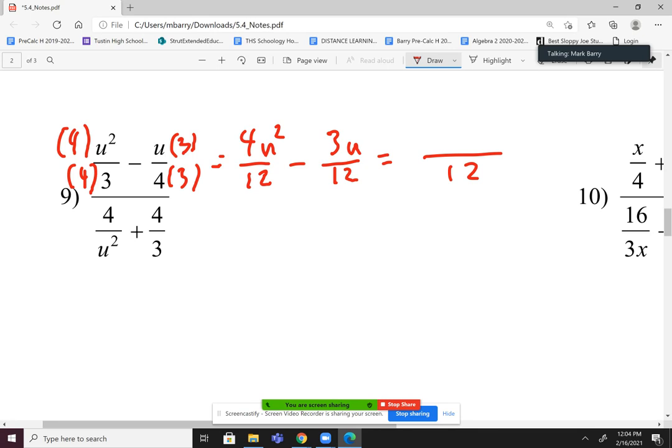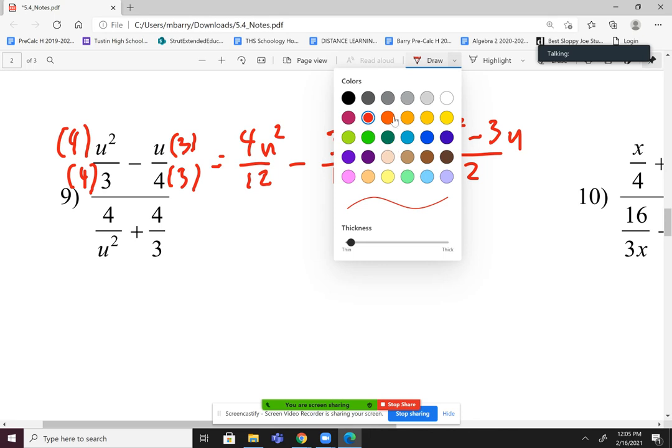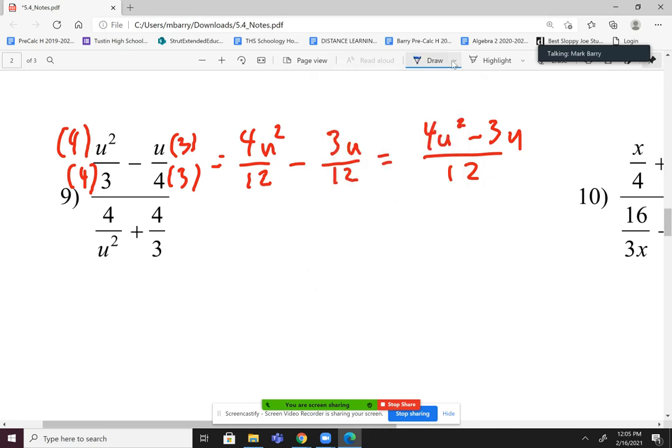Okay, 4u squared minus 3u. Those are unlike terms, and so we cannot actually subtract them. We're just going to keep them listed separately there. 4u squared minus 3u. So that's what my step 1 is going to look like for this one. On the bottom here, I'm going to multiply this one by u squared.